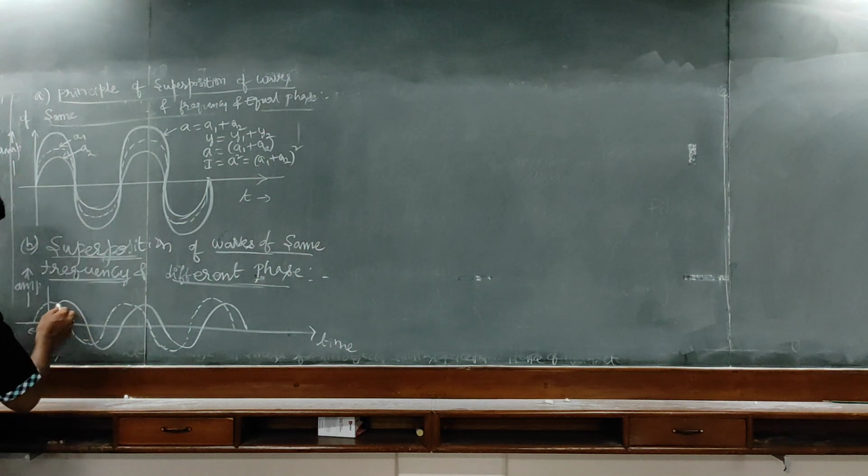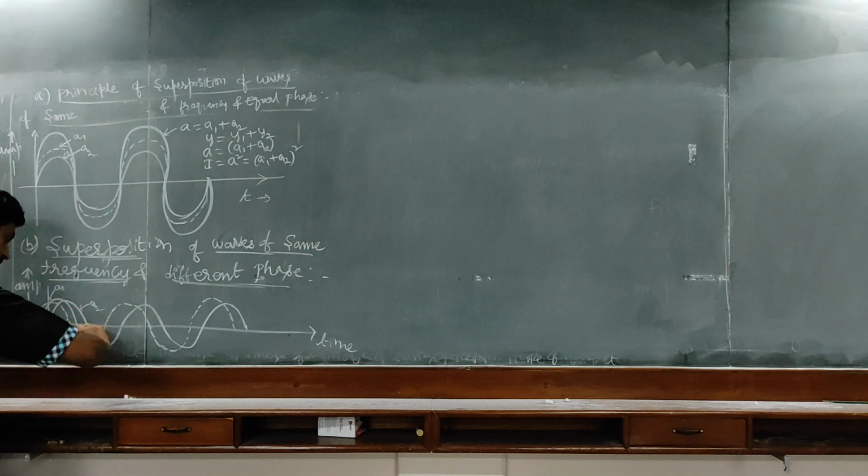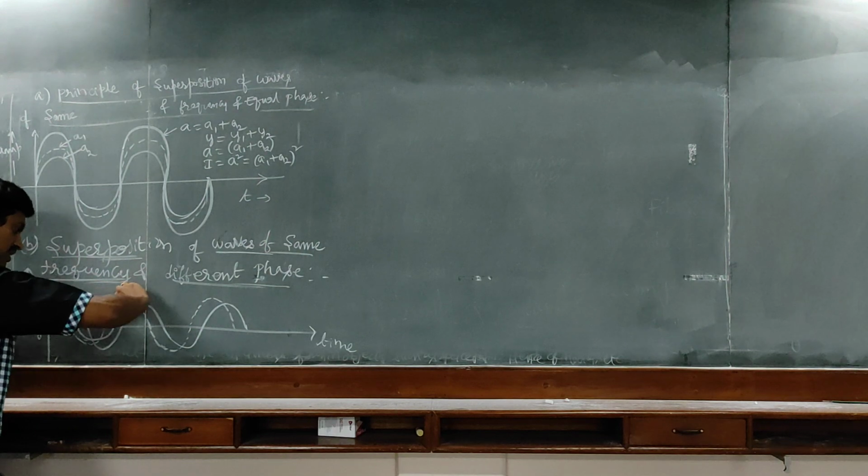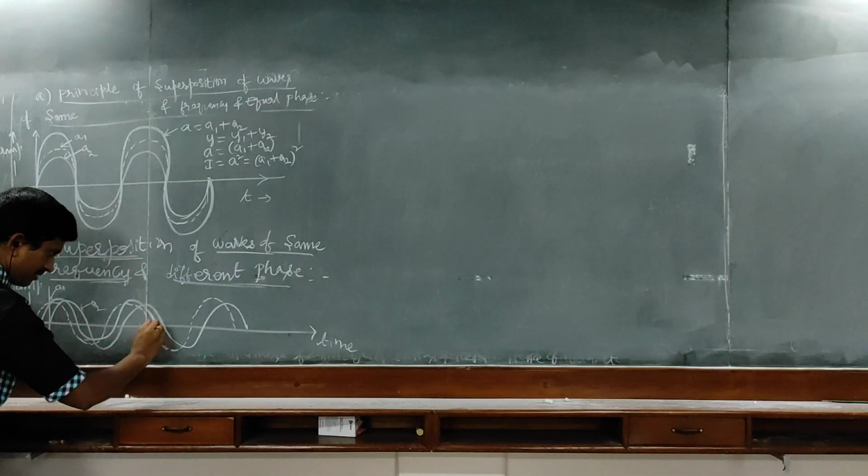Then the amplitude of wave 1 is A1 and the amplitude of wave 2 is A2. Then what about the resultant wave? The resultant amplitude is given by the principle of superposition of waves.